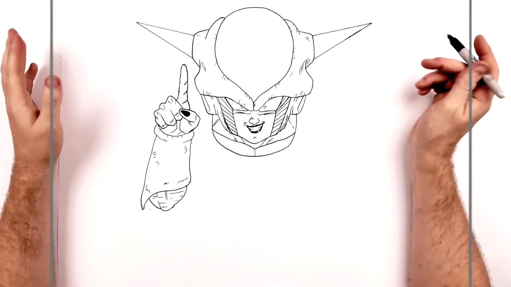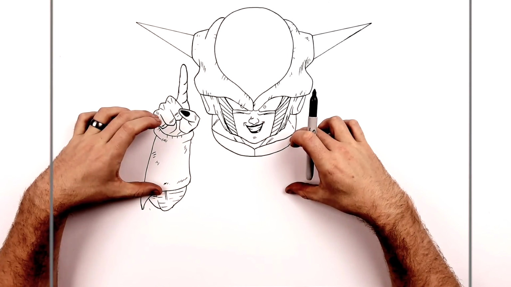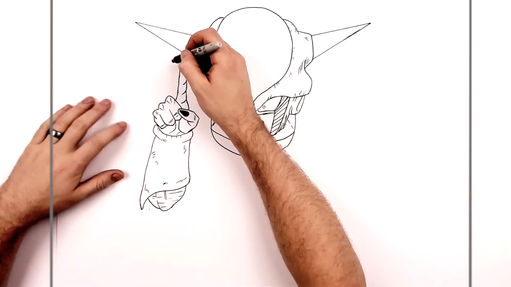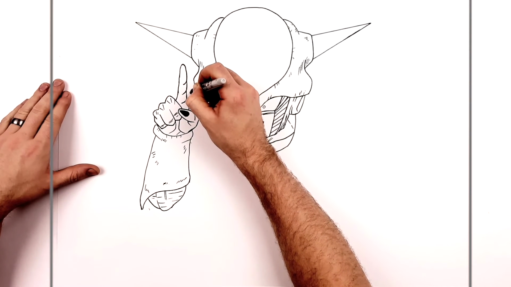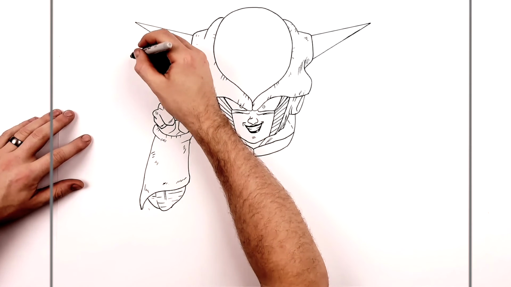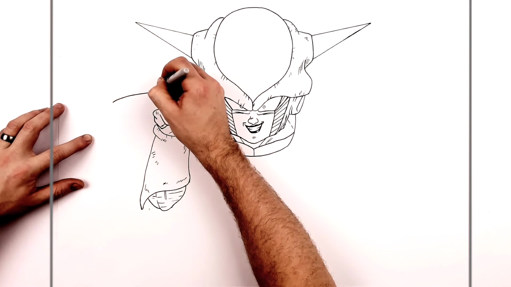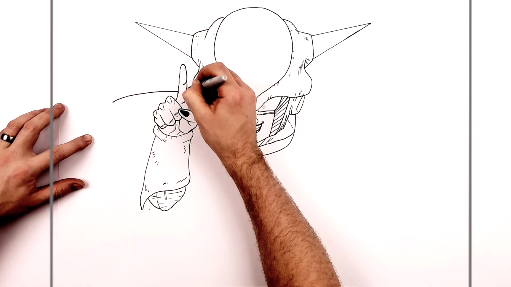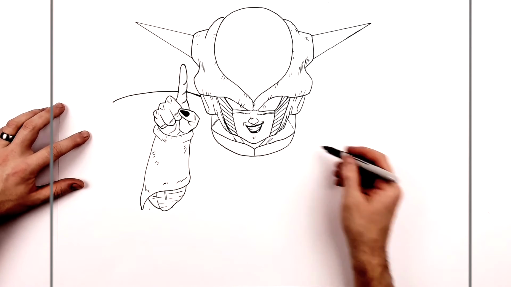Okay, so then armor, and he's sitting in a chair. There's a piece of armor that comes out from behind his head here, right? It comes out here and goes out to there. I'm just going to line it up like that.